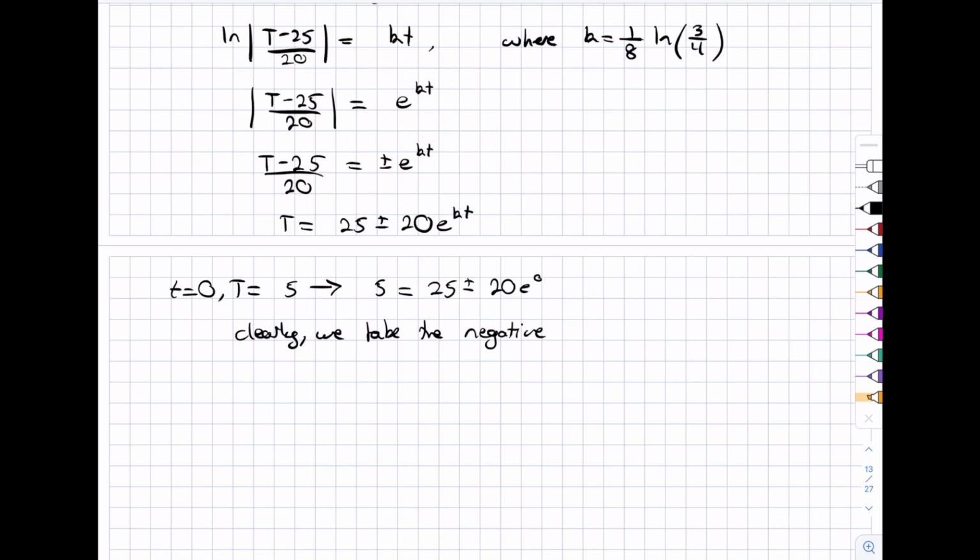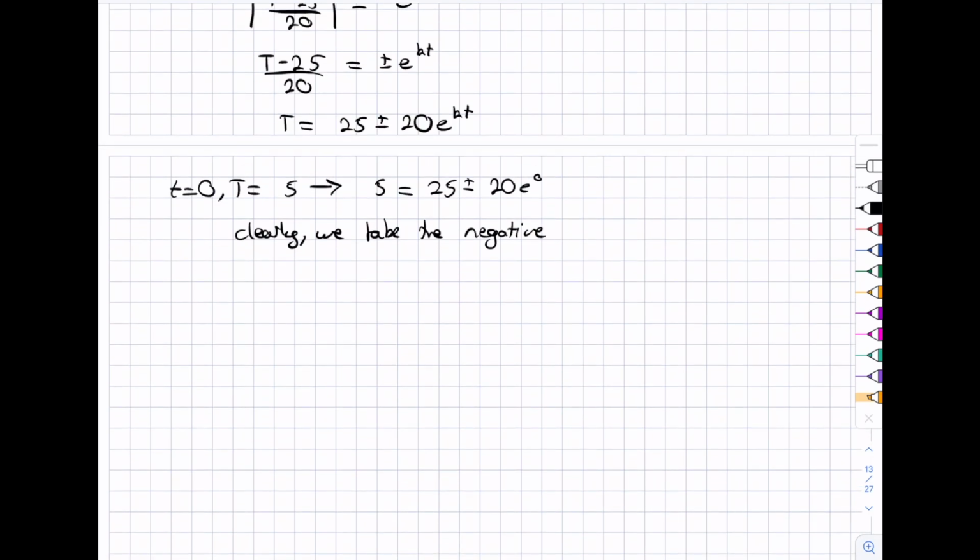Okay, so we're going to take the negative case, and so our equation is the following: T equals 25 minus 20e to the kt. And I'm just going to write here once again, where k equals 1 on 8 the log of 3/4. The reason I'm making sure to remember what k is, is because the shape of this dramatically changes depending on whether k is positive or negative.